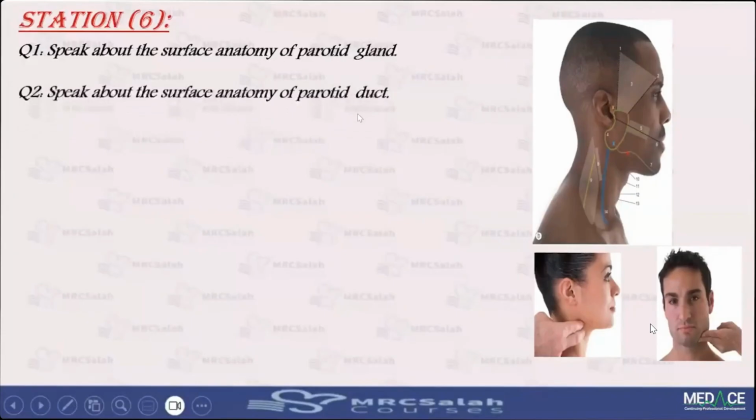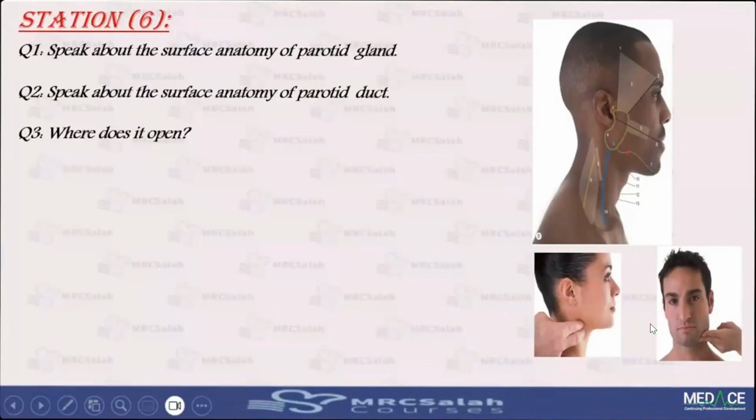Would you speak about the surface anatomy of the parotid duct, please? Yes, this is an imaginary line between the tragus of the ear and the angle of the mouth, the middle third. Where does it open?